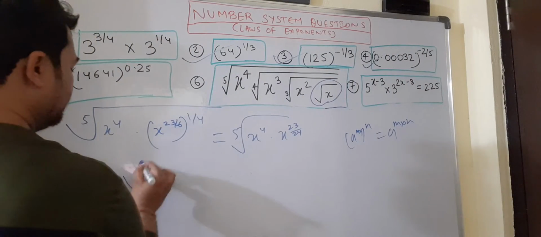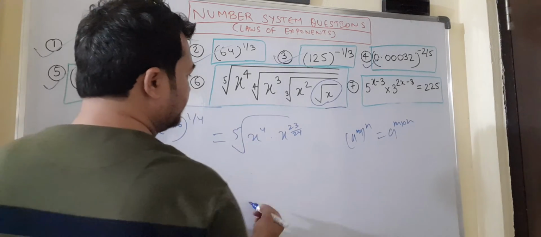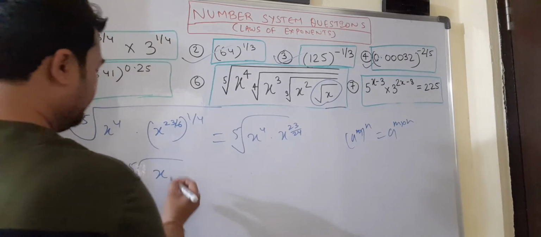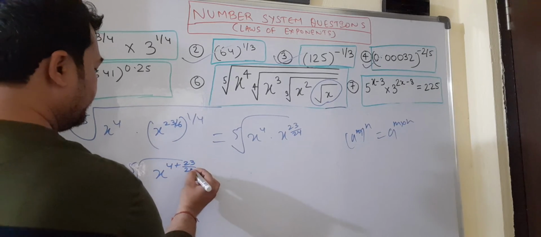Now you can write this as fifth root of x to the power 4 and x to the power 23 by 24, a to the power m into a to the power n. The powers will add up. 4 plus 23 by 24.